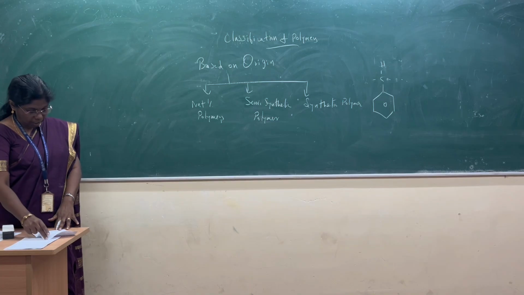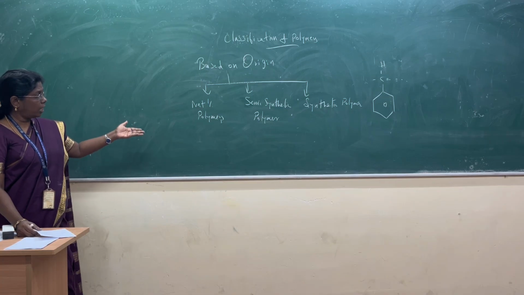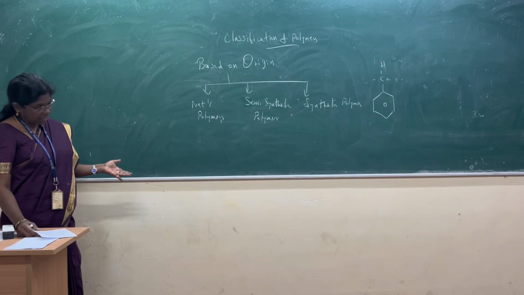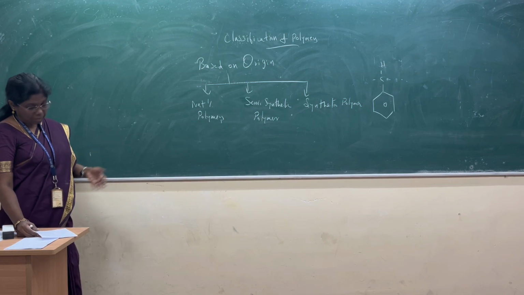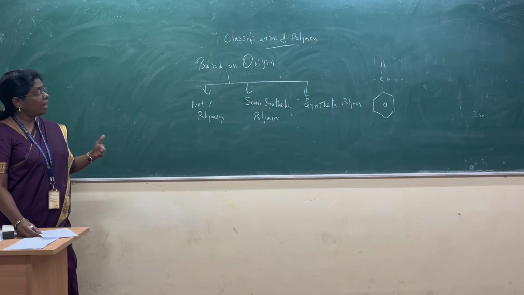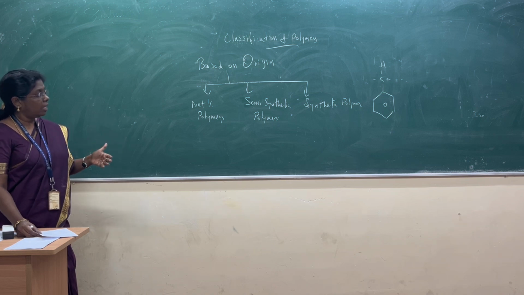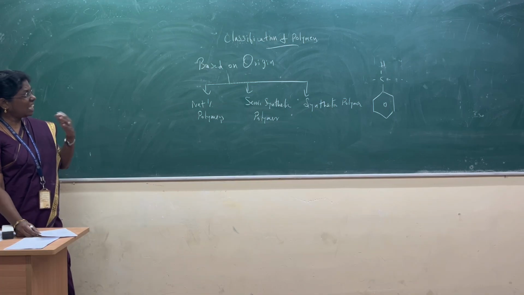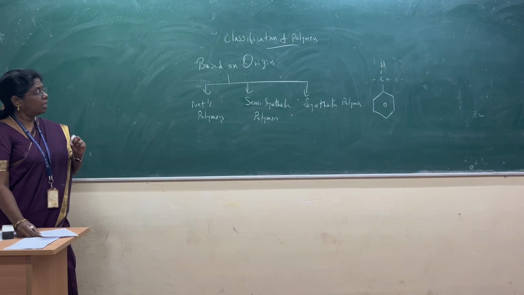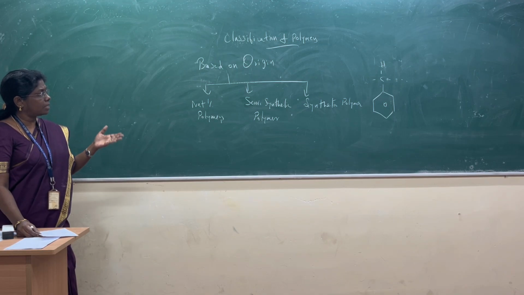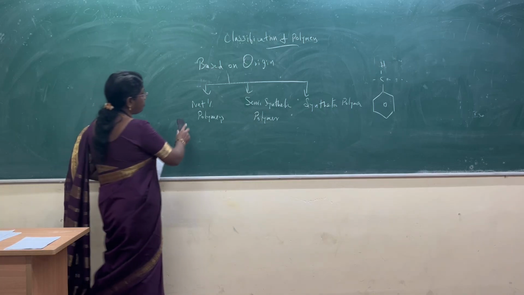Natural polymers are found in plants and animals, and are called biopolymers: protein, lipids, carbohydrates. Semi-synthetic polymers are derived from natural polymers with further chemical modification, for example rubber. Synthetic polymers are man-made, for example plastics. And the next one is based on nomenclature.